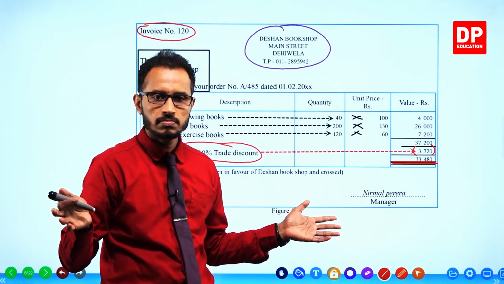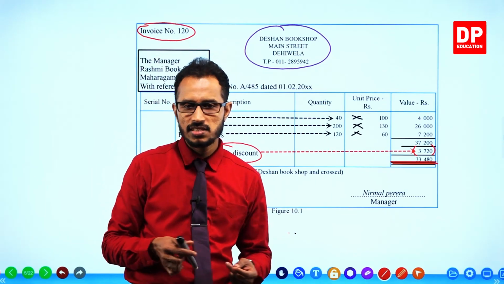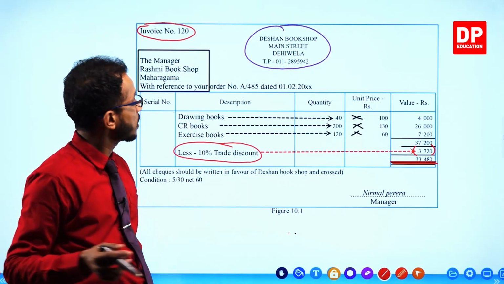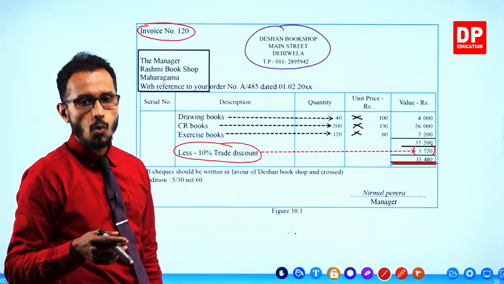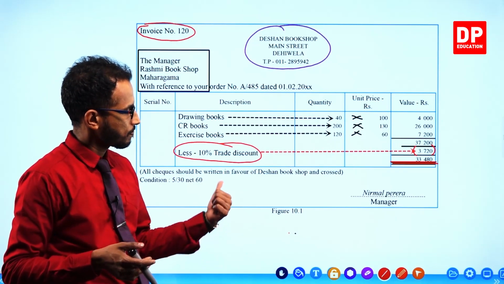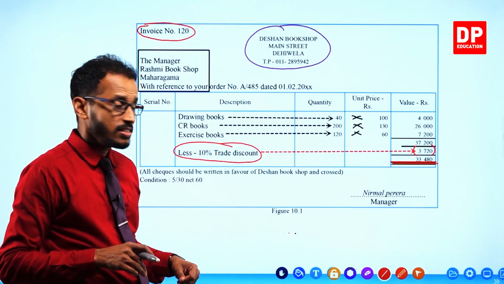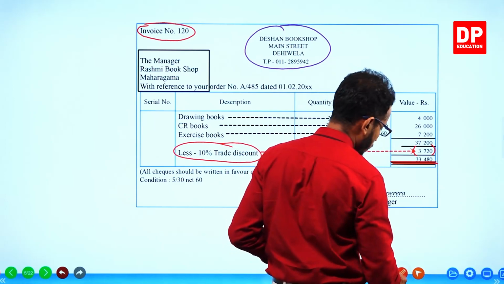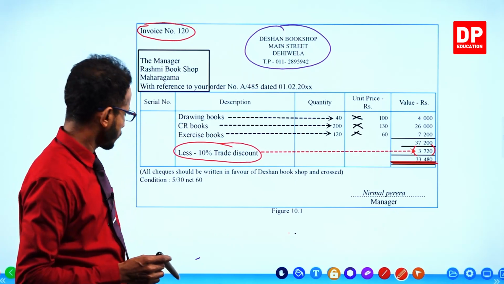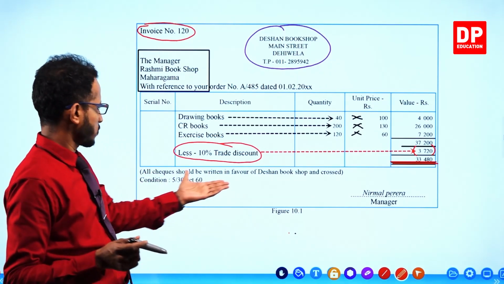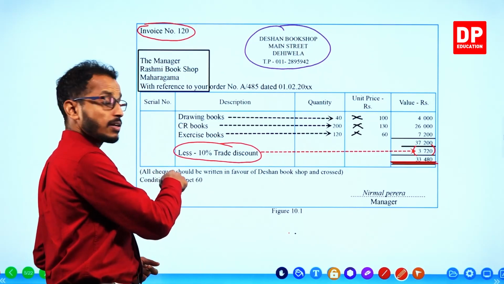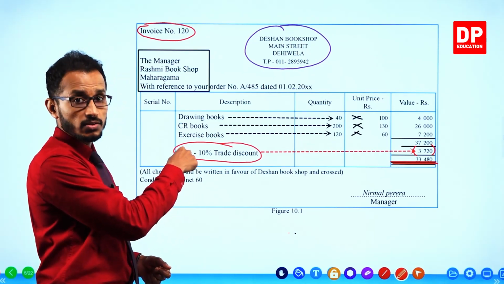Likewise, easy, very, very simple things. This is the source document, the purchase invoice. But there's something more right underneath, a little sentence at the bottom of the invoice.